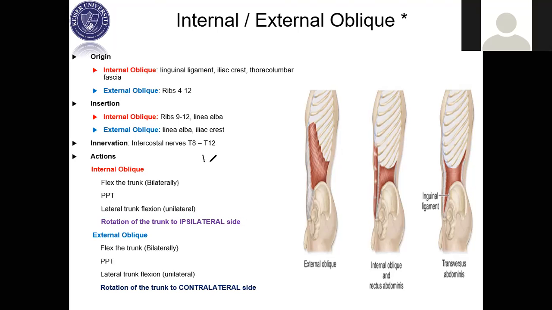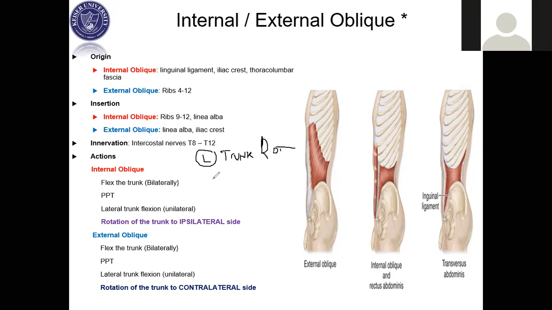So let's take it a different way. If we want to turn to the left, left trunk rotation, the internal oblique rotates to the same side. The external oblique rotates to the opposite side, or the contralateral side.